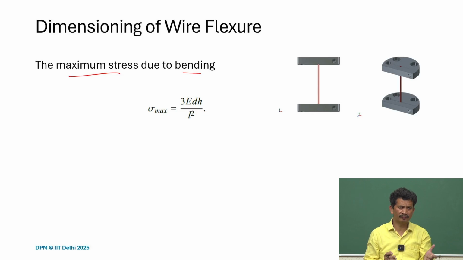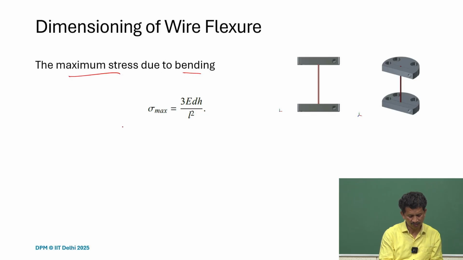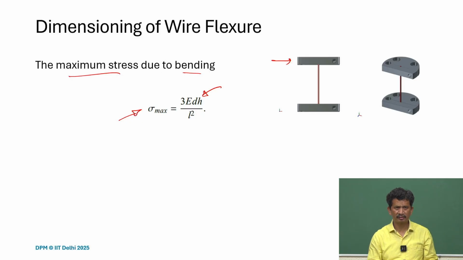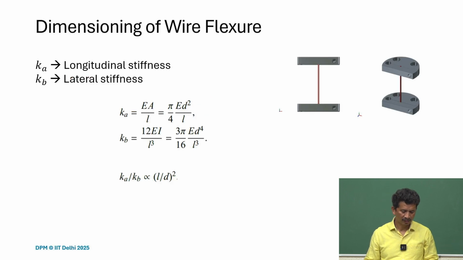So we have to allow that if we don't want to destroy the wire flexures. So we look at the lateral deflection, h versus sigma. Maximum bending stress is also related, and the stress versus strain relationship, and it's mainly because of the bending. So this is one criterion.